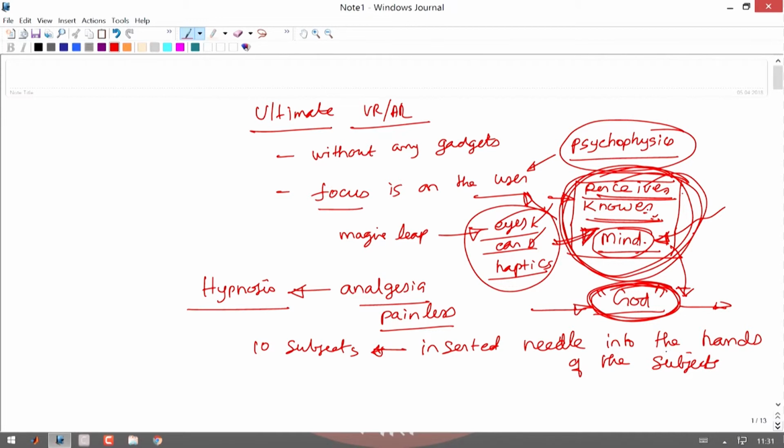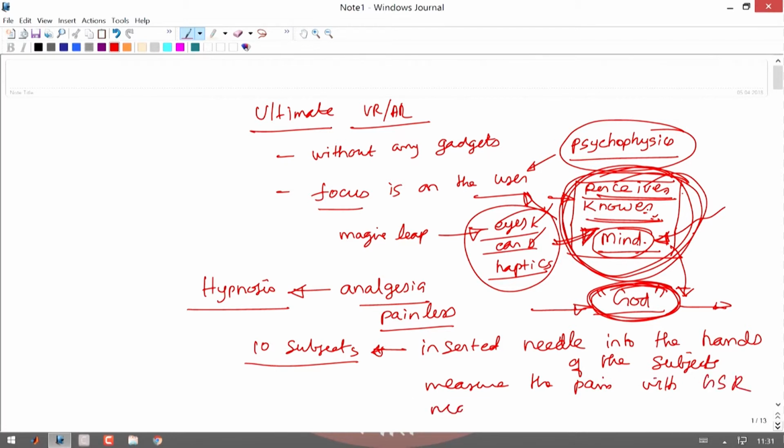Obviously, when the needle is inserted, the subjects will feel the pain, but when the subjects are hypnotized, do they feel the pain is the question. We measured the pain with GSR, galvanic skin response.